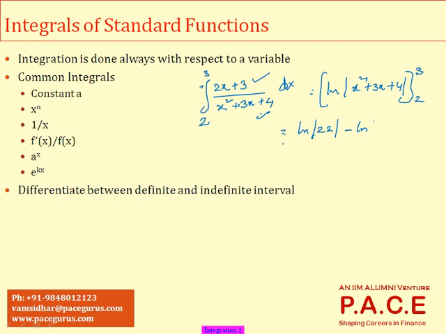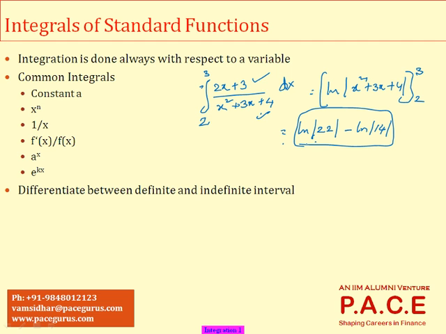So it becomes log 22 minus log 14. This is the value of the definite integral. A definite integral always defines a particular area under the curve, whereas an indefinite integral talks about the entire curve. So depending on whether the question contains a definite or an indefinite integral, our calculation should differ.